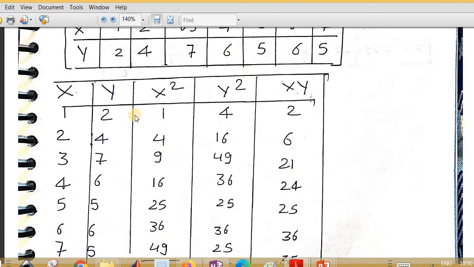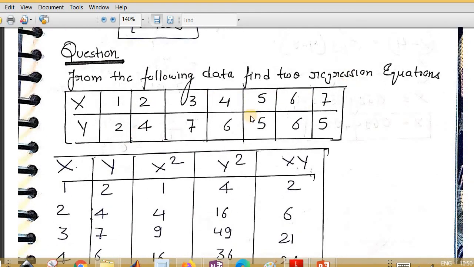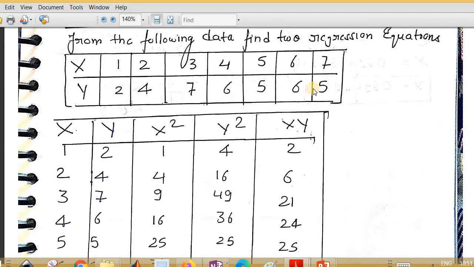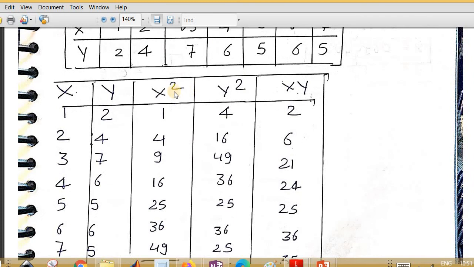In this question you have to compute the regression equation where only this table is provided to you. So how do you find the regression equations? Because there is no mean, no standard deviation and no correlation coefficient, you use the second part of the equation, when data is not given.